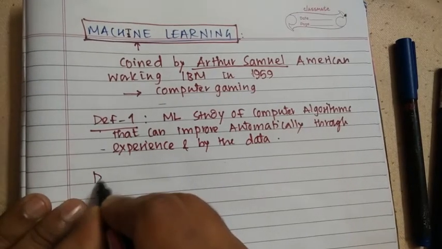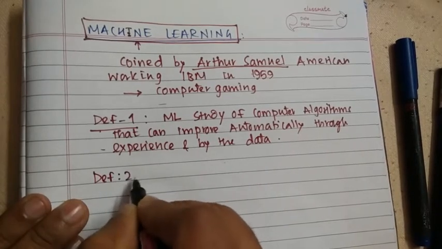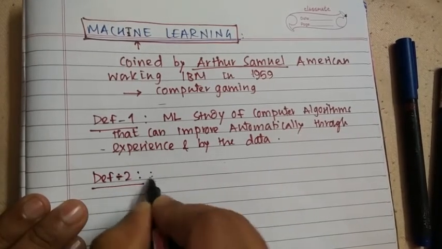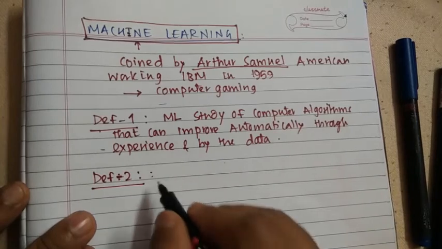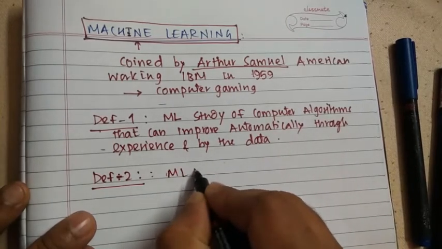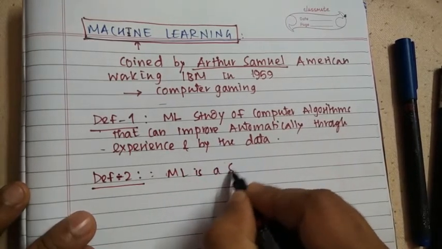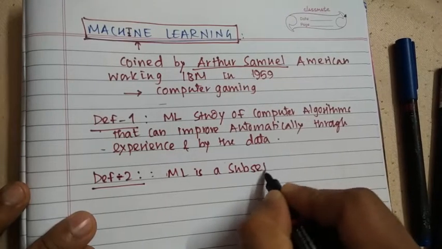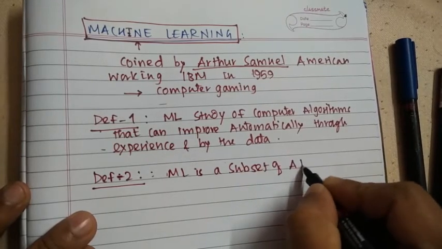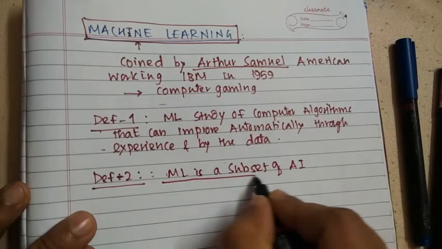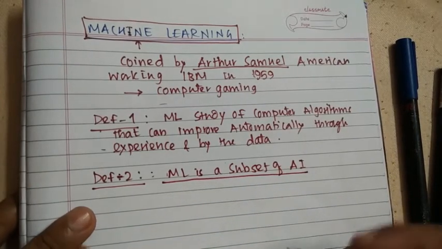Second definition: machine learning is a subset of artificial intelligence. Yes, now these two terms are interconnected.